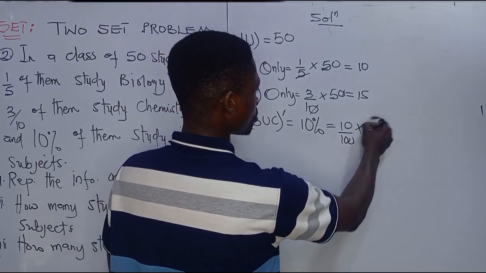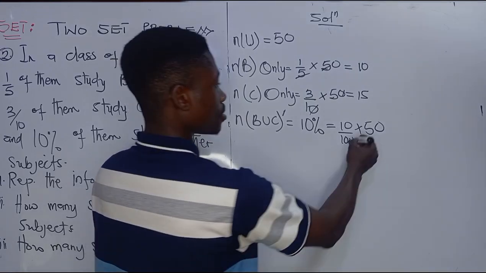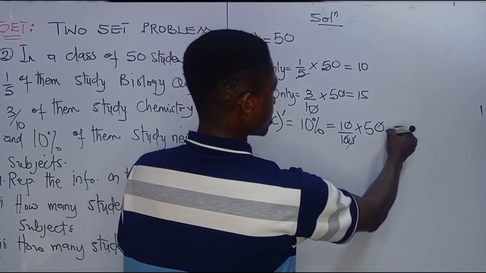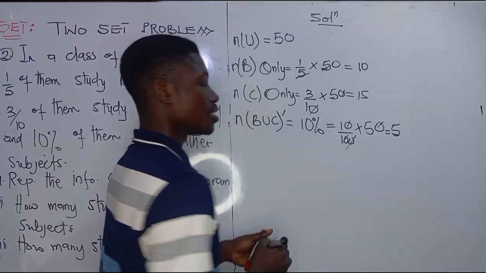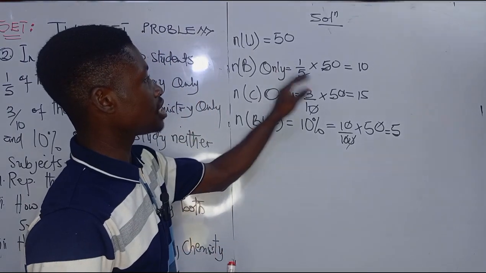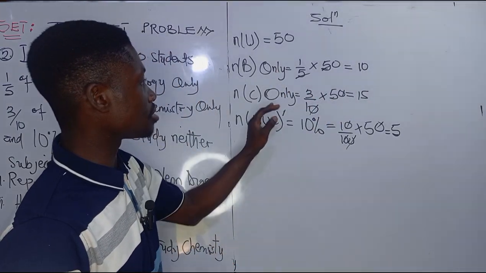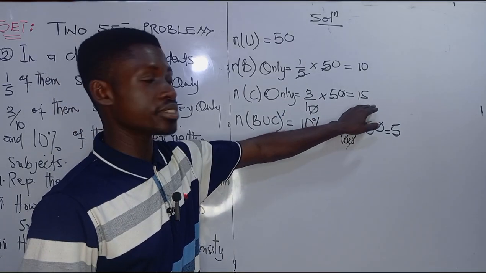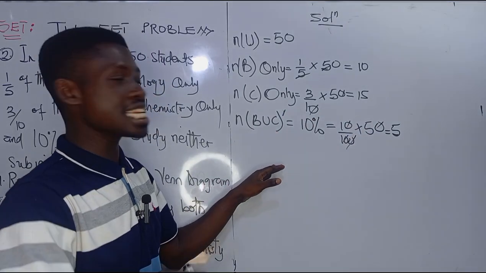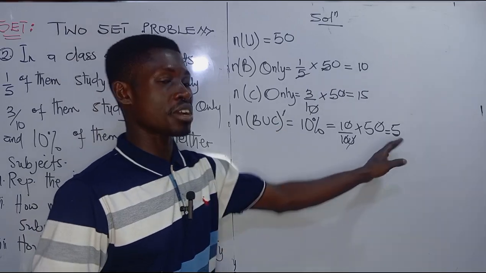Of the total number of students in the class. When you do your algebra, you get 5. So the number of students who offer biology only is 10, chemistry only is 15, and neither biology nor chemistry is 5 students.